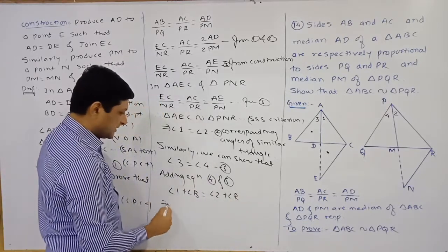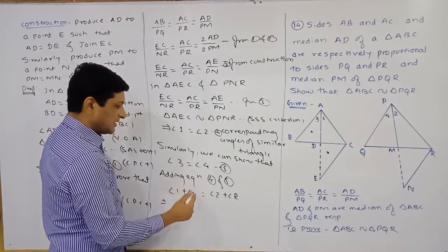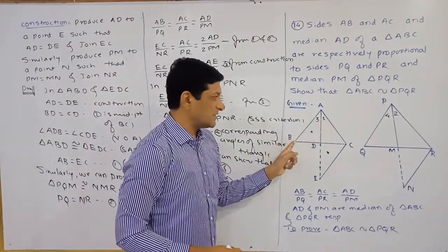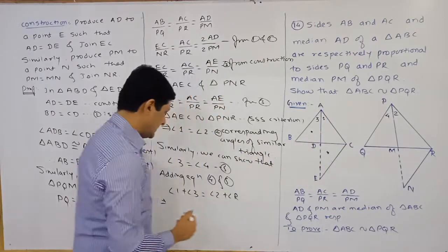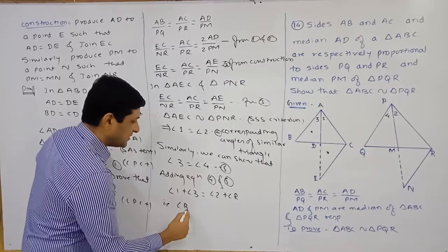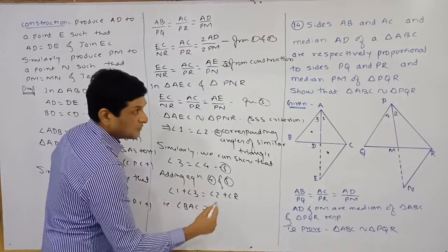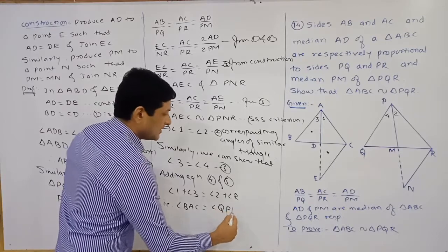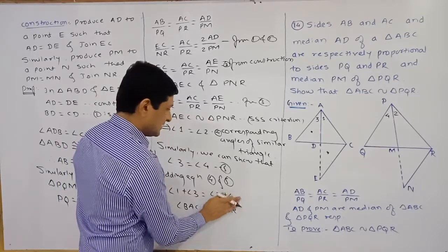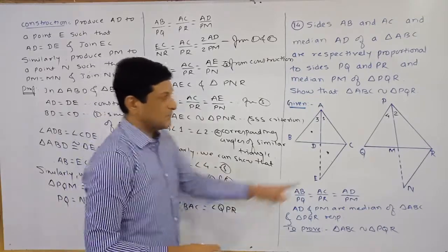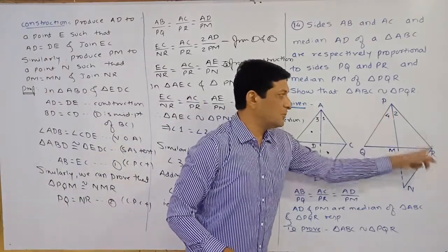So if you observe this figure very carefully, here 1 plus 3 means angle BAC. So this implies that angle BAC will be equal to angle QPR. 2 plus 4 means angle QPR.